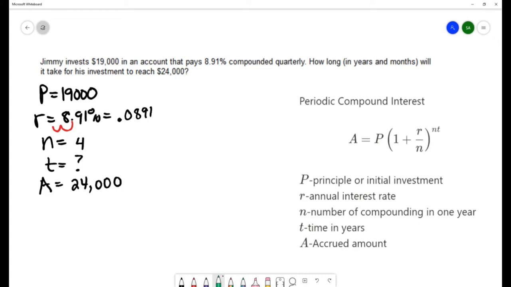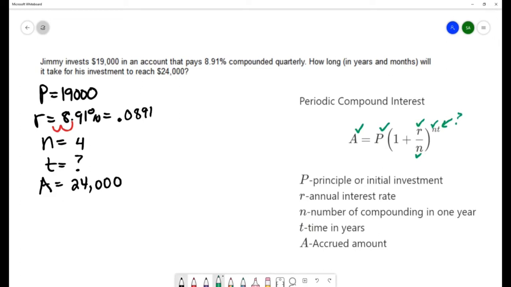I have a value for A, the accrued amount, P, the principal, R, the interest rate, n, the number of compoundings per year, and n again. And the only value I don't know is the value of t, time. And so because I know all of the variables except for what I'm looking for, I'll be able to create an equation and solve that equation for the missing value.